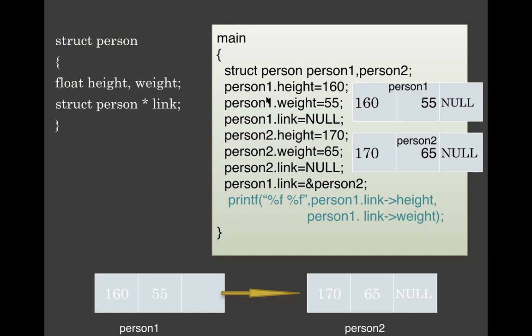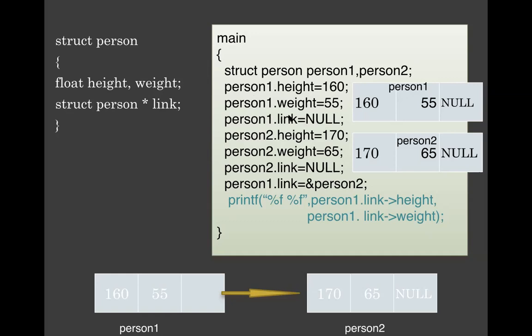Then I'm assigning person 1 dot height equal to 160. What are the members of person 1? Height, weight, link. And similarly for person 2 also. Person 1 dot weight is equal to 55, and person 1 dot link equal to null.